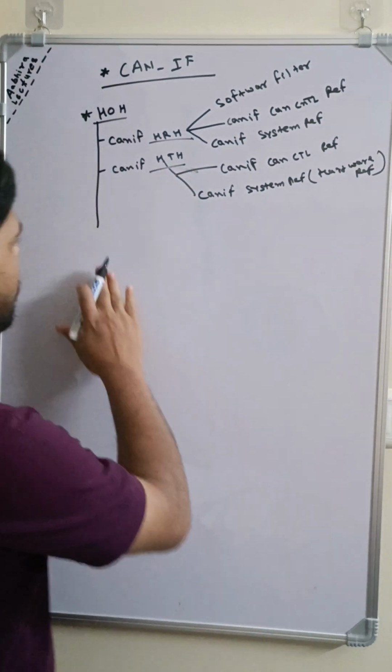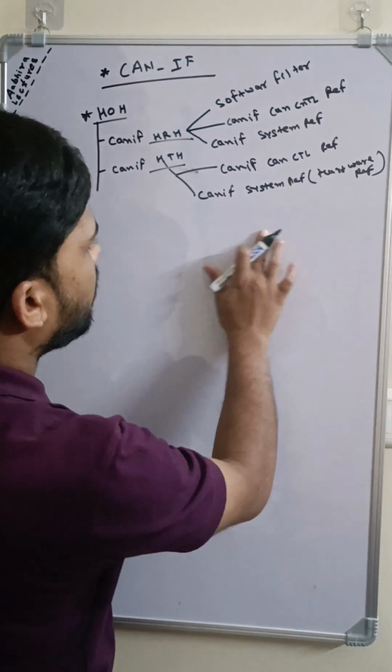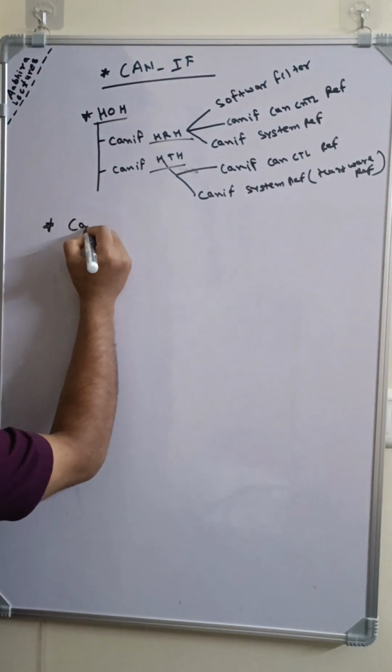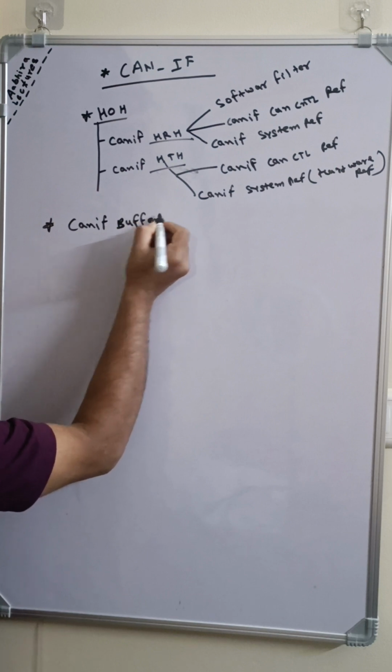If you are going to configure a TX message, we also have to configure one more parameter, that is called CANIF buffer size.